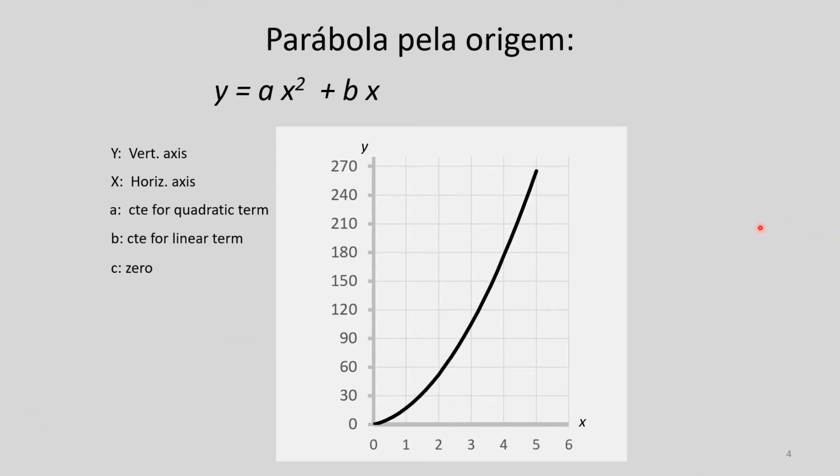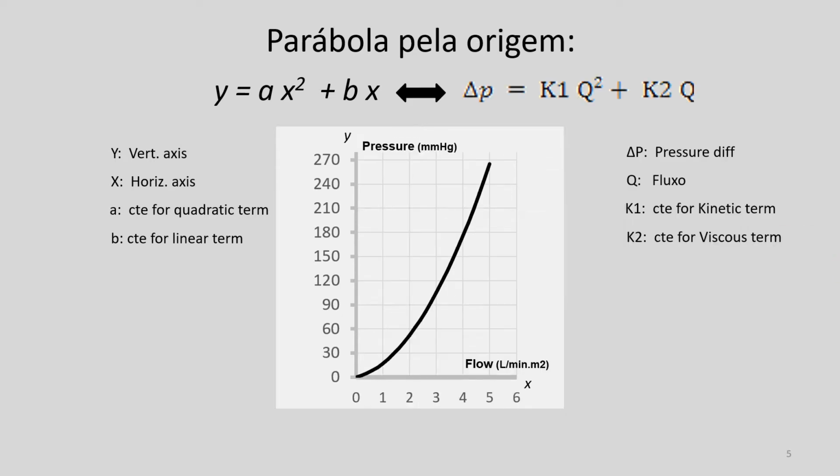So here you have the equation again. Now, when you transform this equation and apply it to the pressure flow relationship, we use the notation Q for flow.